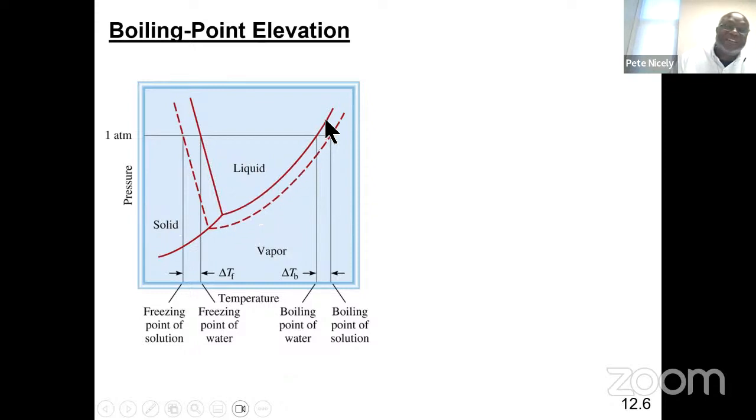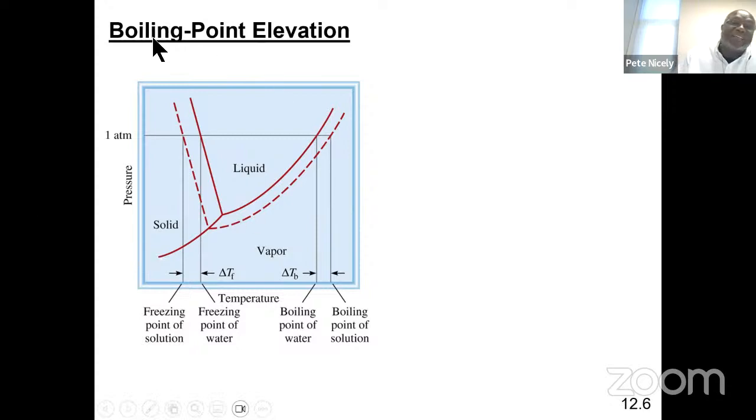This line here represents the different temperatures and pressures where we have the equilibrium between the liquid state and the vapor state, all right? So that's basically what these solid lines represent. And based on these lines we can determine things like the boiling point or melting point of a particular substance based on the current external pressure, all right?